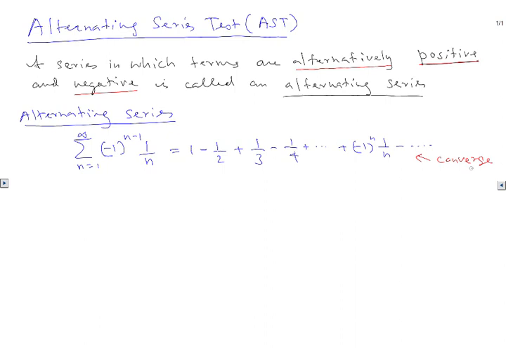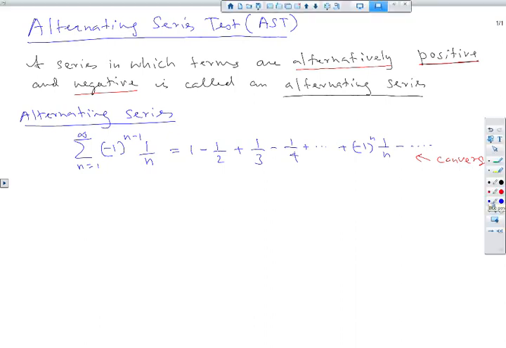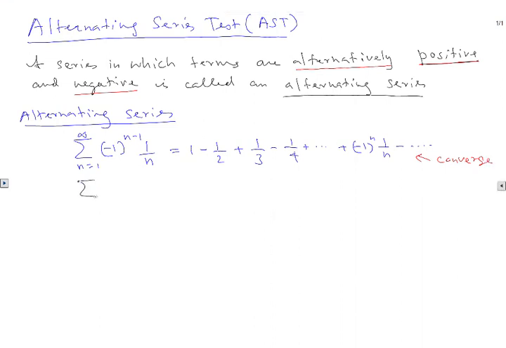Now, let's look at the absolute series. What does that mean? You consider the absolute values of the terms instead. So we write the sum from n equals 1 to infinity of the absolute value of 1 over n. We just take the absolute value of the term, so the negative 1 to the n goes away, and you simply get 1 plus 1/2 plus 1/3 plus 1/4.